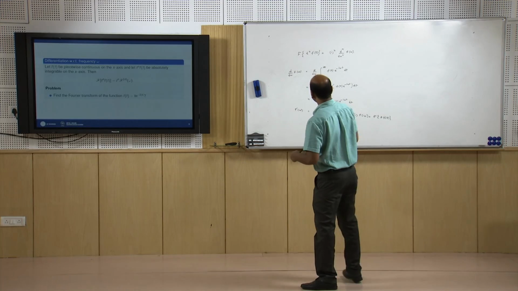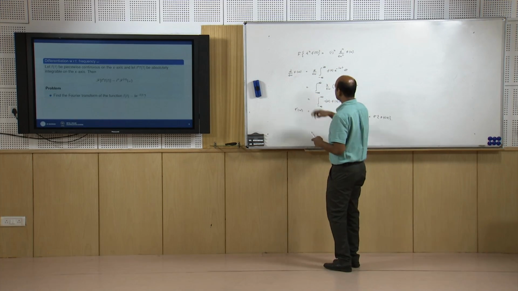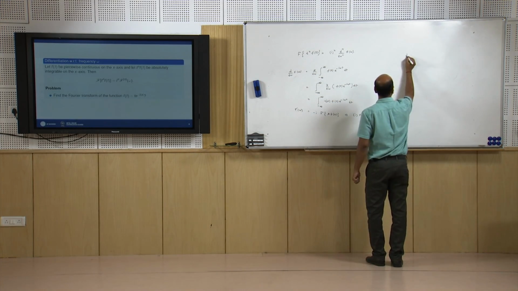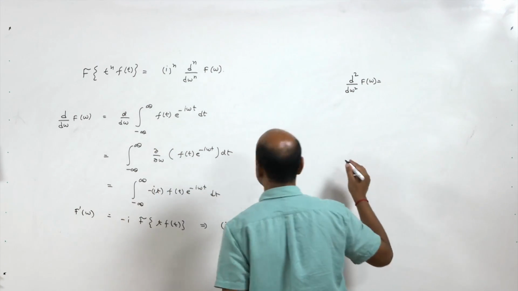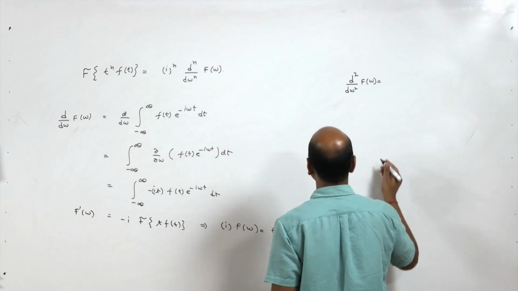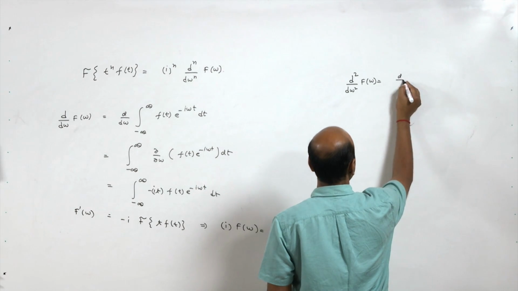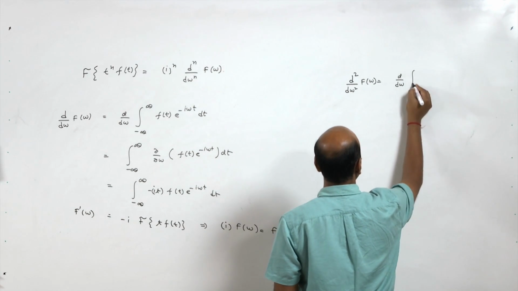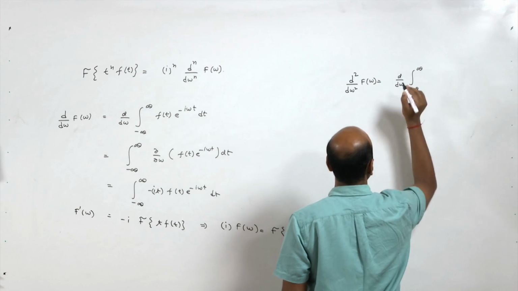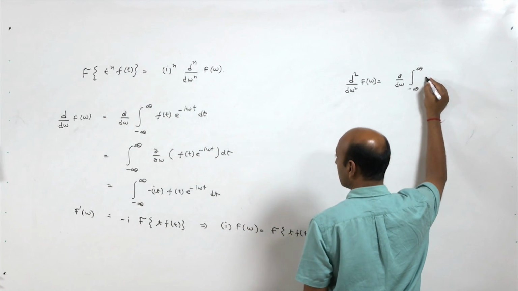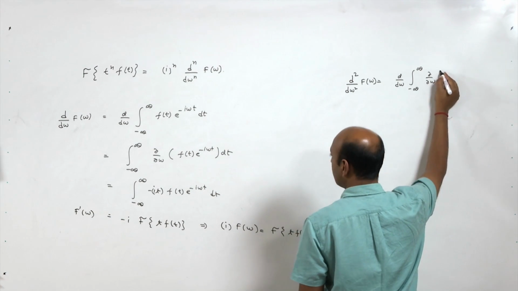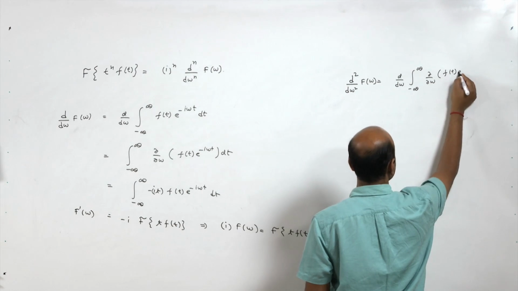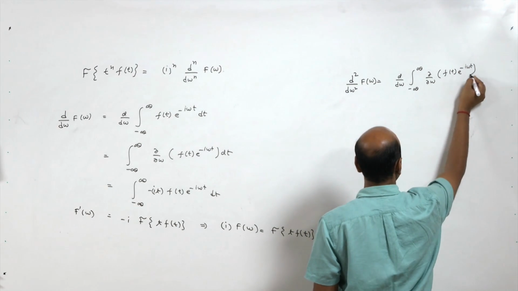Similarly, suppose you take the second derivative, d2 upon d omega square of f omega. By the same concept, it is nothing but d by d omega of the integral from minus infinity to plus infinity. First we take the first derivative by this expression, del by del omega of f t e to the power minus iota omega t dt.